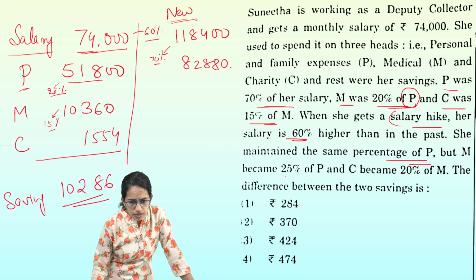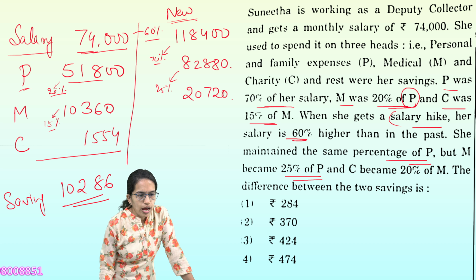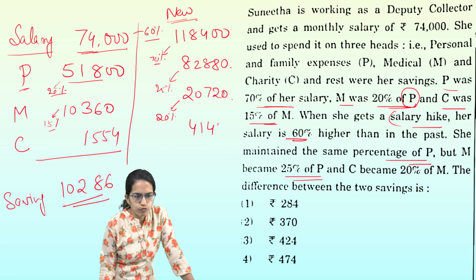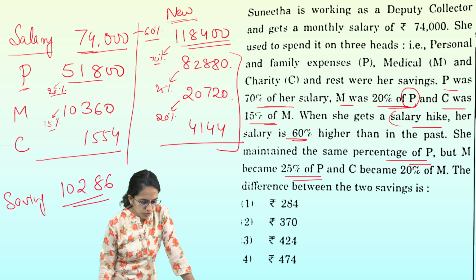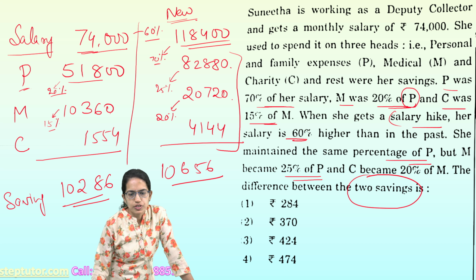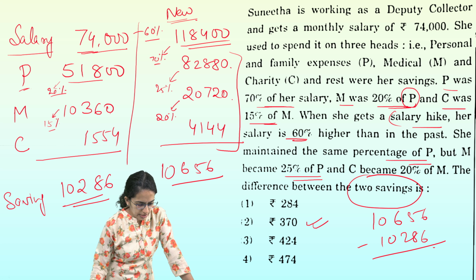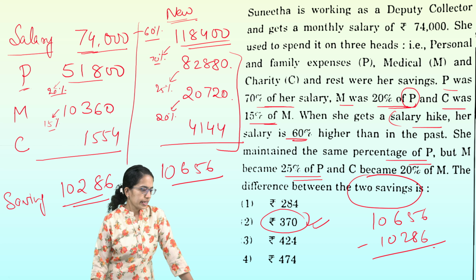Then 25% of P. Of this I calculate 25%, which is 20720, and of this I calculate 20%, which goes into the charity, which is 4144. Now I add all these values and subtract it from 118400. So I get 10656. Now the question asks, what is the difference between the two savings? So 10656 minus 10286, and that gives me 370. So 370 becomes my correct answer here.